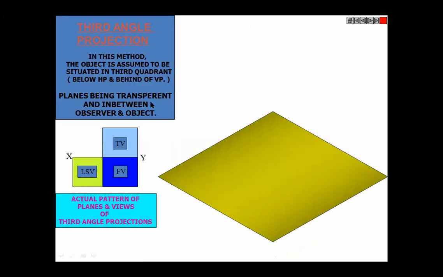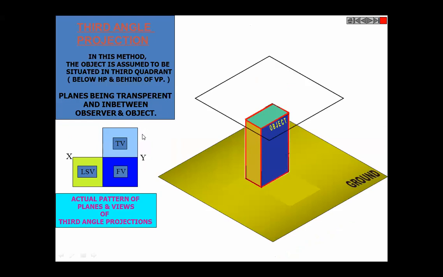Clear? Now the same object in the third angle projection method. Understand? Here we will show that it is staying on the ground, because the object is in the third quadrant. If the object were in the first quadrant, it would stay on this line. But the object is in the third quadrant, so we have to show this ground.